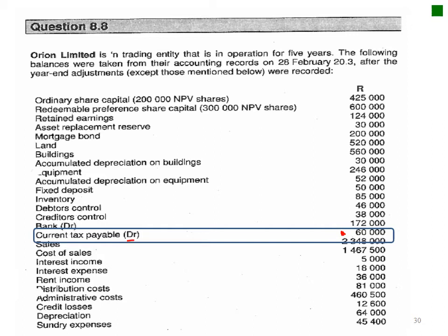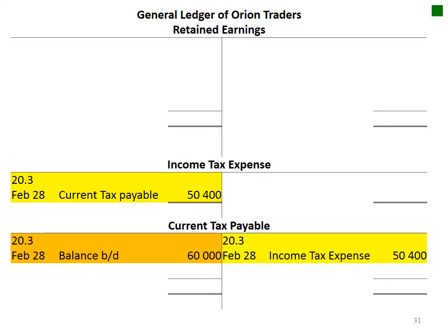You will see this is a debit balance, because when we made the payments, we would have credited bank, debited current tax payable. So here are the provisional tax payments that I've already made for the year. So if I now look at my income tax expense and current tax payable accounts, here's the 60,000, which is the debit balance on the trial balance, which represents the provisional tax payments we've already made.